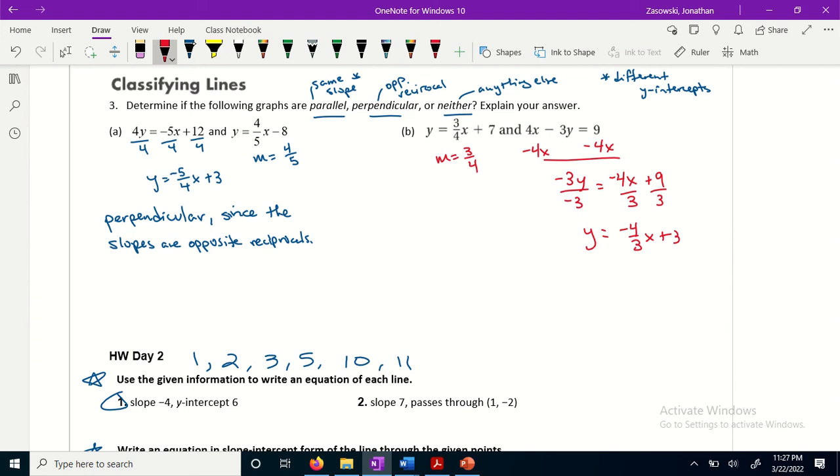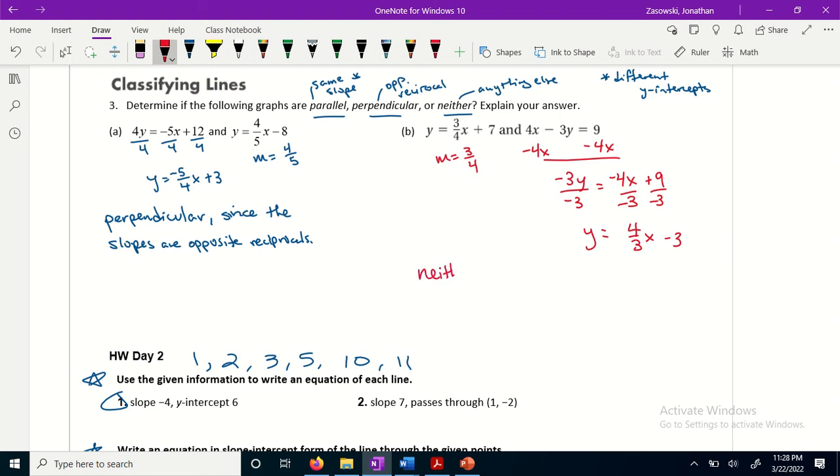You guys see we divided by negative 3 and we forgot the negative here. Oh ho ho. So careful. This should be positive 4/3 and negative 3 here. So 4/3 x minus 3. So now we can see we have the slope of 3/4. That's 4/3. These are reciprocals, but not opposite or negative reciprocals.